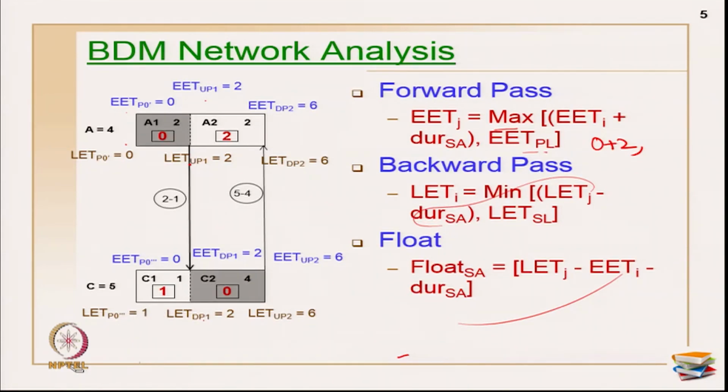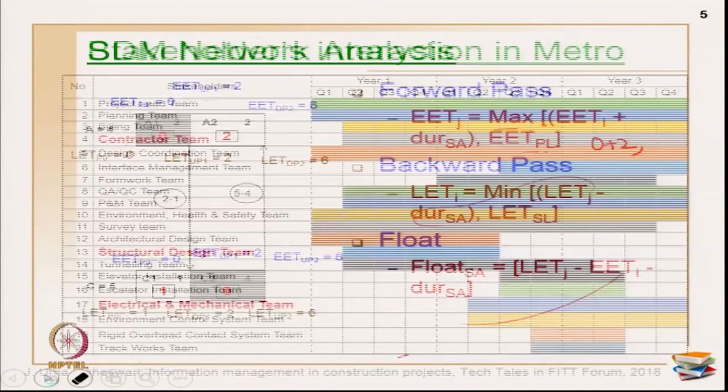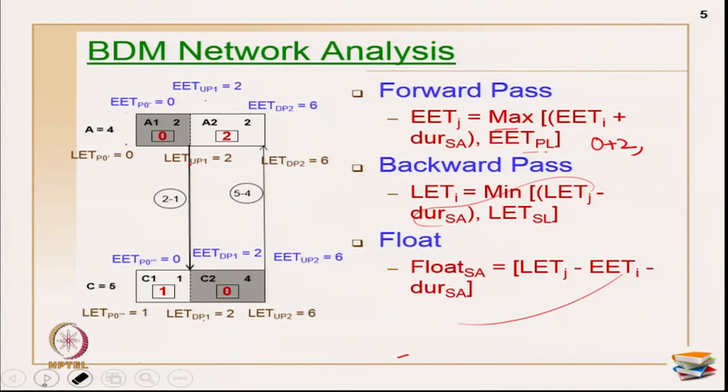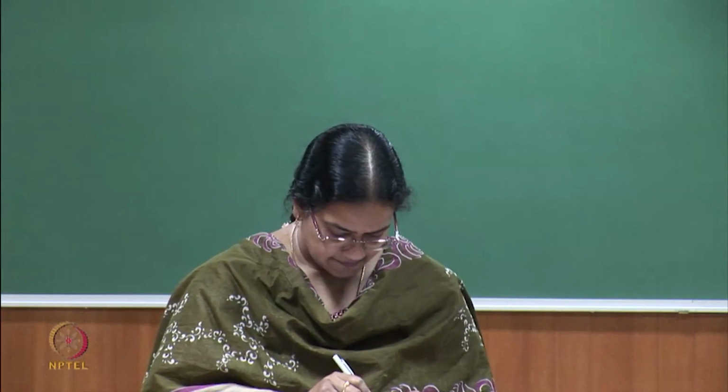So, what are my critical paths and how do I show my critical path? My critical path here is A1 with the link and C2, because of the 0 floats I have on this network. That is how you have to complete the analysis.